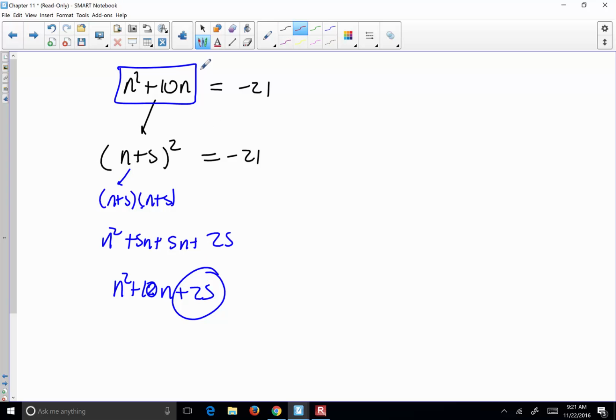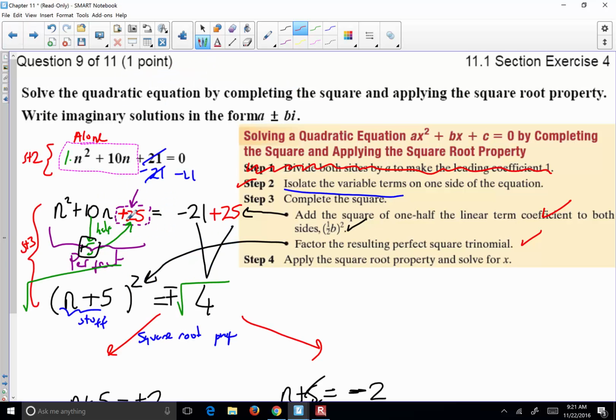So we need to make up for that third term by adding 25 to both sides. That's what we did here. A perfect square always requires three terms. If you have only two, it's not sufficient. You need to get that third term computed from the middle term.